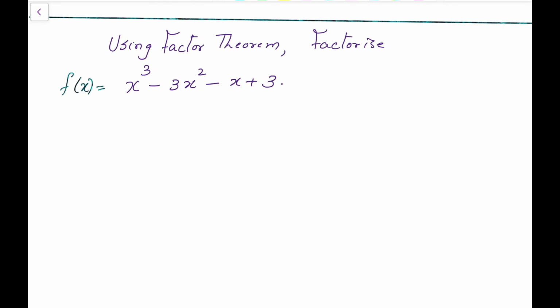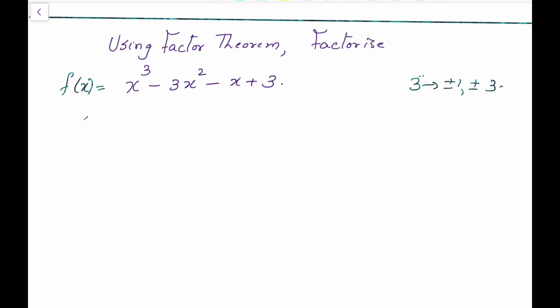Since it is x cube, this degree is 3, you will have a maximum of 3 factors. To find the factors, your constant is 3. So the factors of 3 are plus or minus 1 and plus or minus 3.